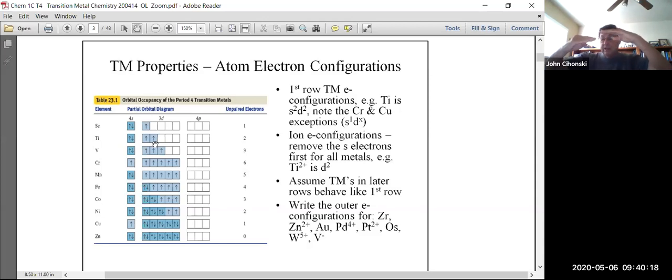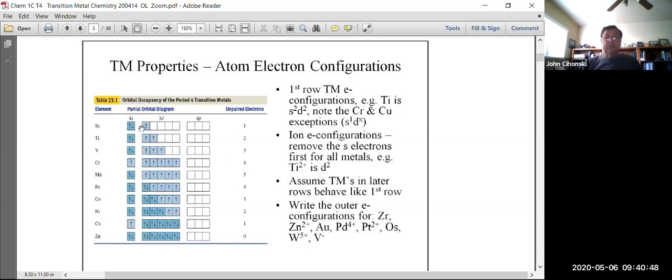So now, at some point, the calcium electrons are the outermost electrons, okay? So when you're reading over the chapter, keep that in mind. And that will make a difference to us whenever we go to determine or try to determine the electron configuration of an atom versus an ion for transition metals.